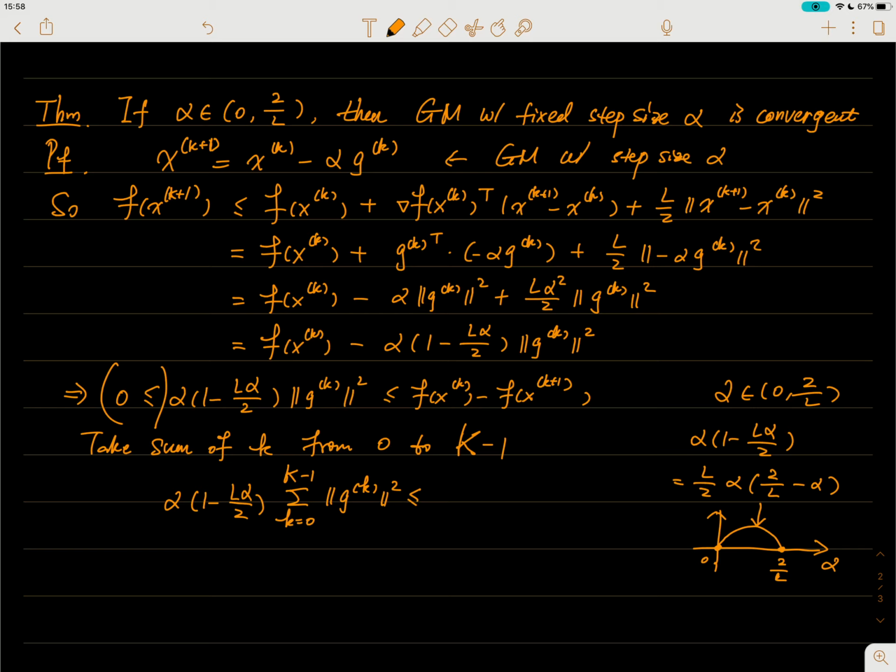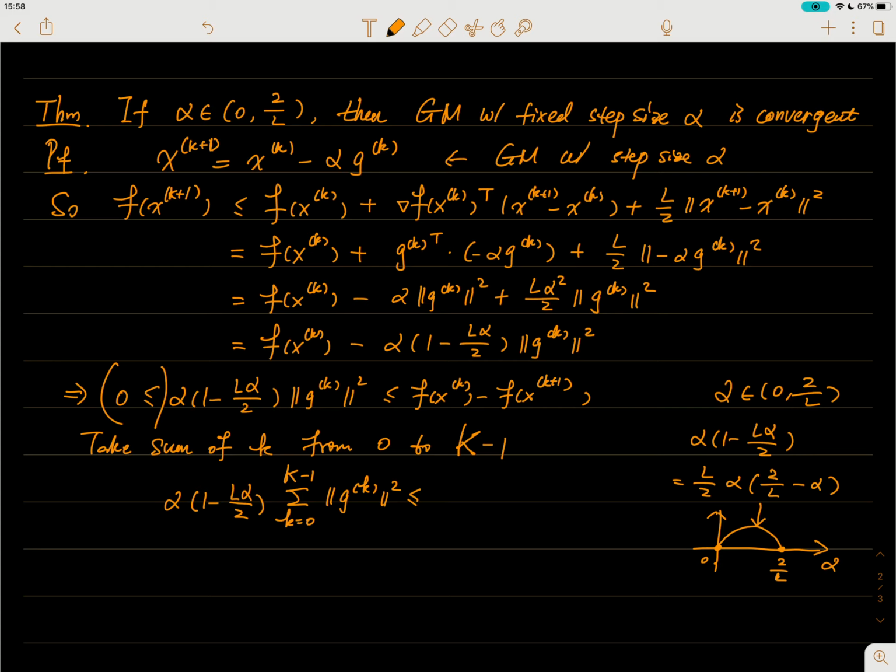You can see that when k equals 0, this is f of x0 minus f of x1. And then for k equals 1, I'll have f of x1 minus f of x2. So the f of x1 is cancelled with the previous negative f of x1.